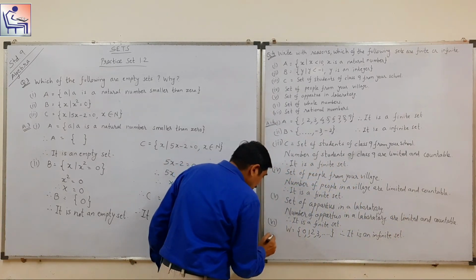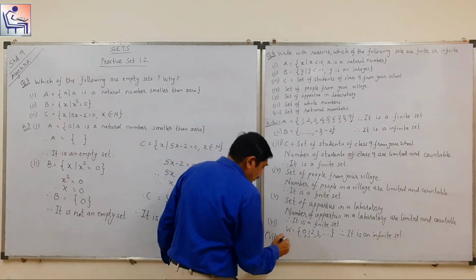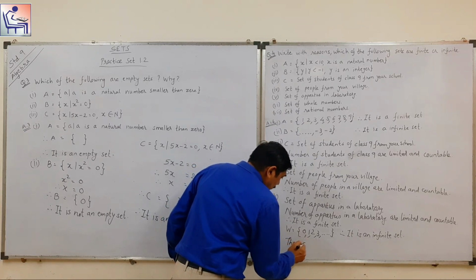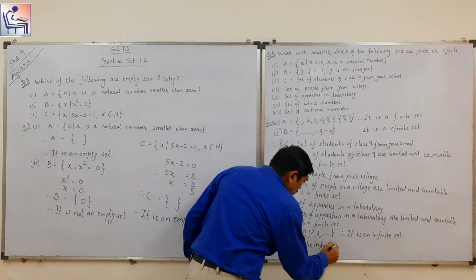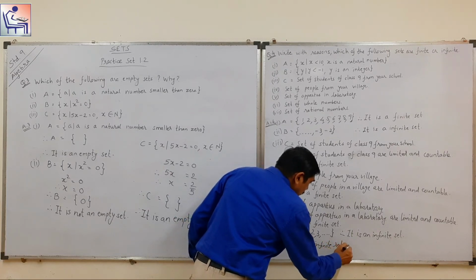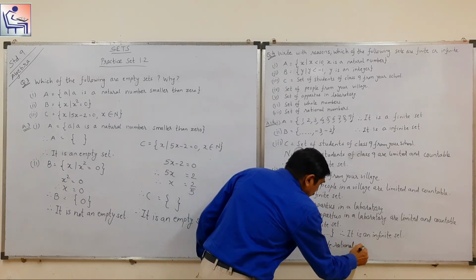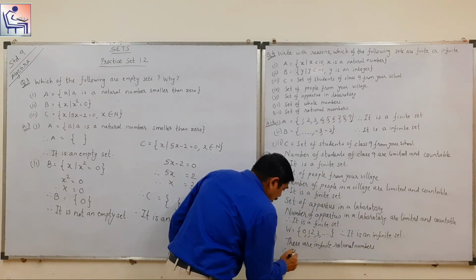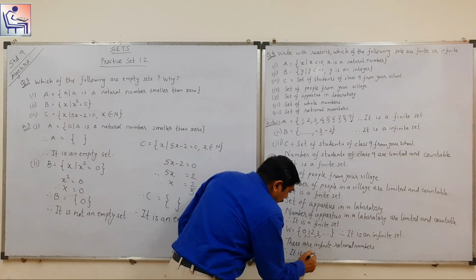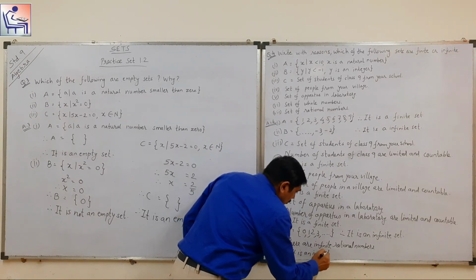Set of rational numbers. There are infinite rational numbers. Therefore, it is an infinite set.